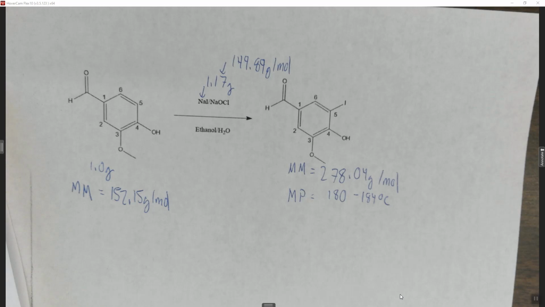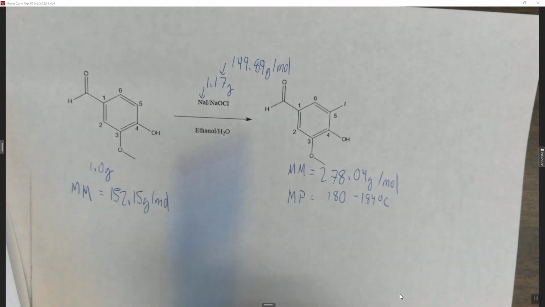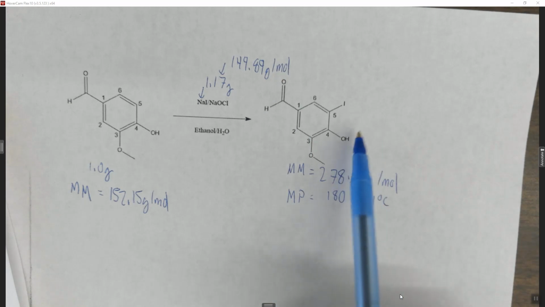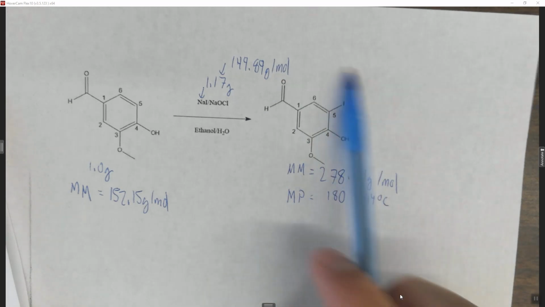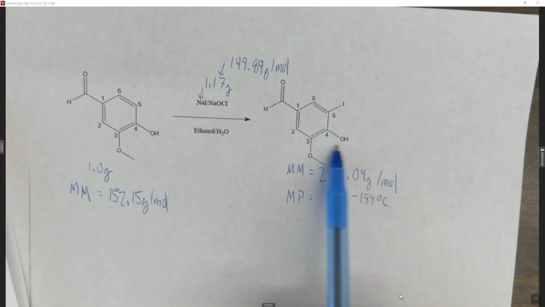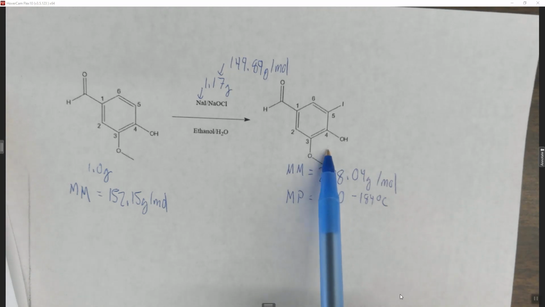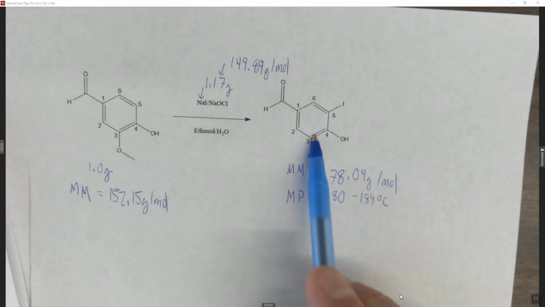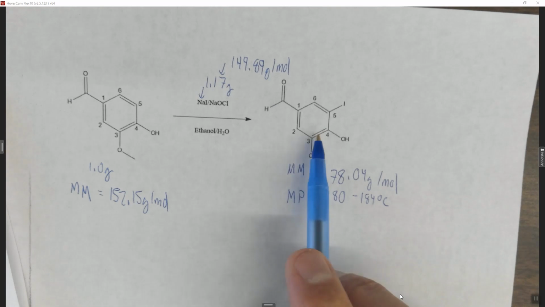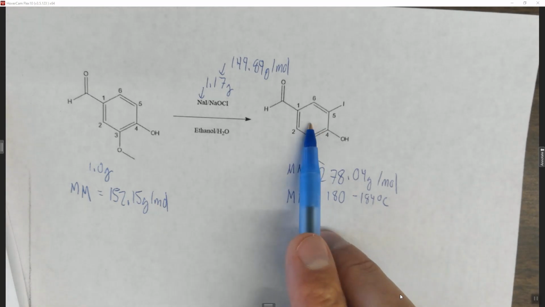Okay, then once the solution is acidic, you're going to start to see the precipitation of this iodovanillin compound right here. And this will start to be a white precipitate as you add enough HCl and water to allow this to precipitate. Make sure that you continue the precipitation for at least 10 minutes.